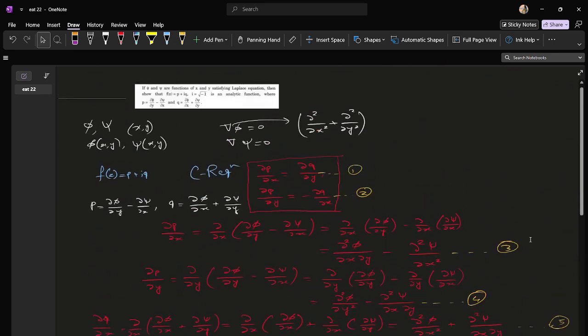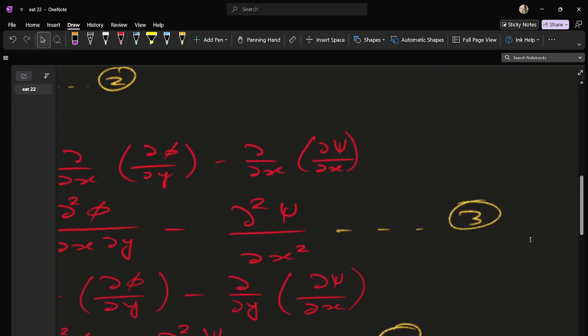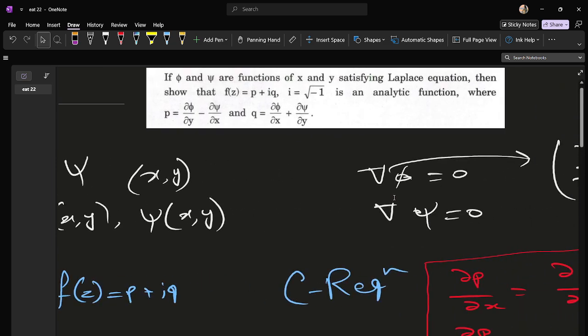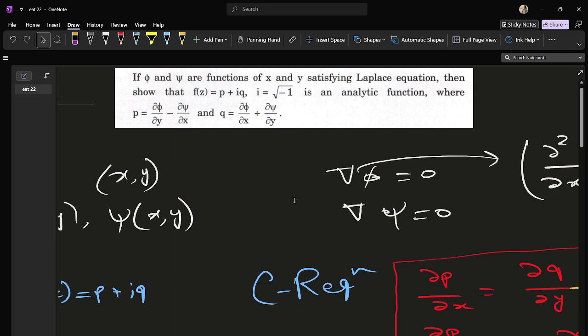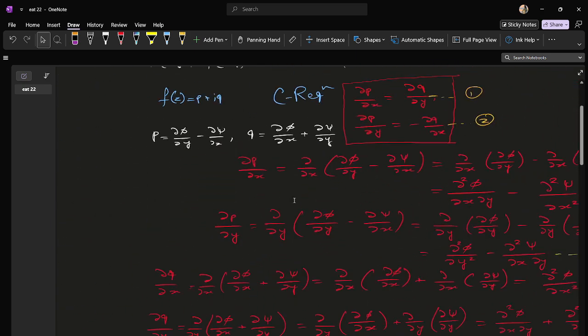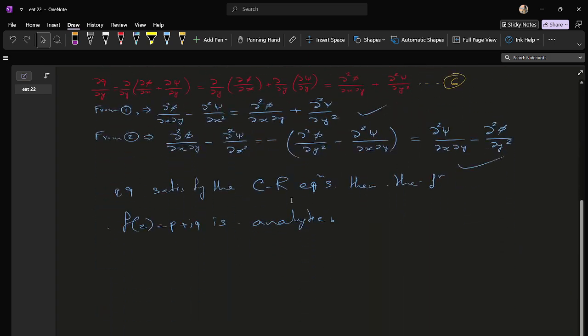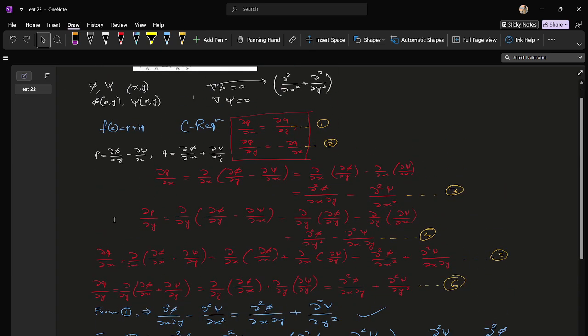Let me read the question: if phi and psi satisfy the Laplace equation, then f of z equals p plus iq is an analytic function, where p and q are these. So we are done. The Cauchy-Riemann equation is satisfied here, so our f of z is analytic, where p and q are this.